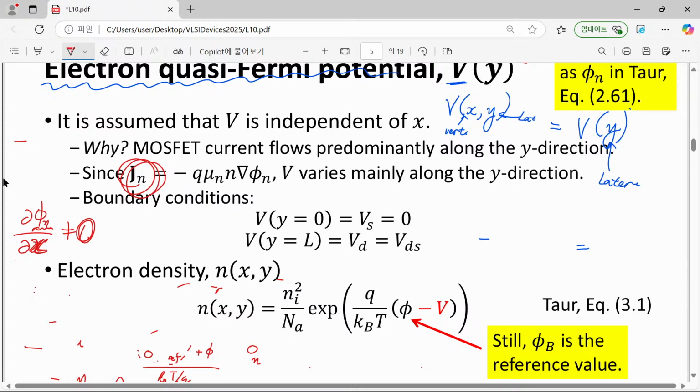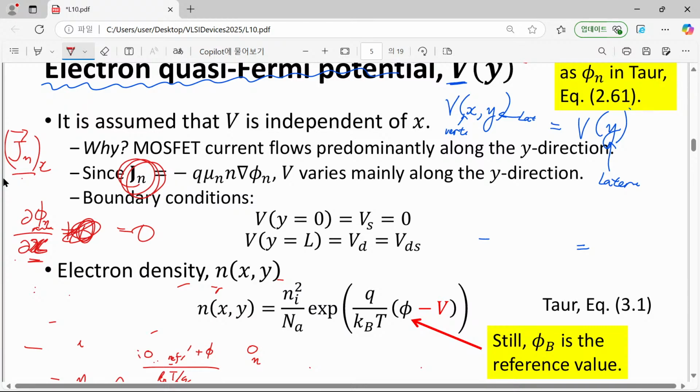That's the point. So if we neglect the x directional component of our electron current, it means that the x directional component of the gradient of the electron quasi-Fermi potential should also vanish. Otherwise, we will have current conduction.